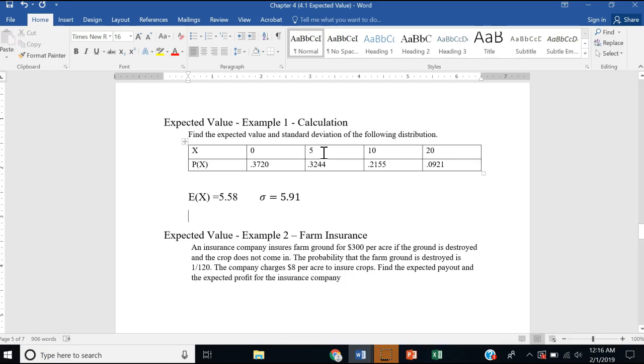And that is perfectly fine because remember, we're not saying what do I expect as an individual. We're saying if we did this experiment over and over and over again, and then we averaged all the outcomes, what would that average come out to? Well, that average would come out to about 5.58.